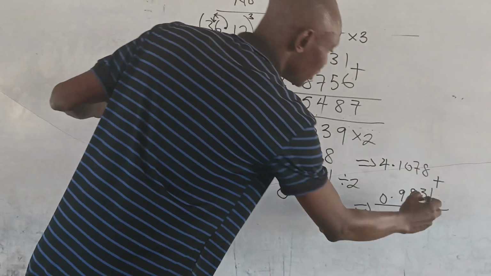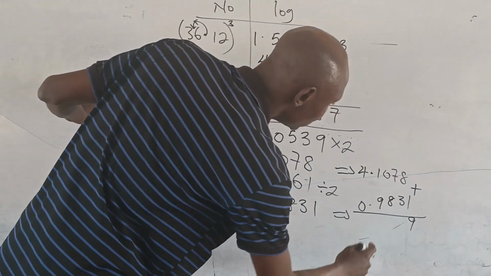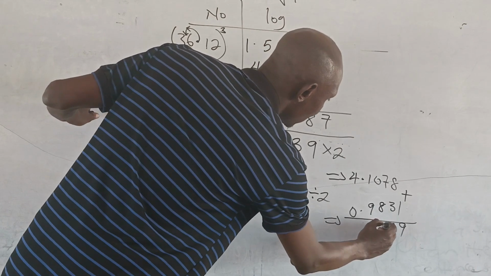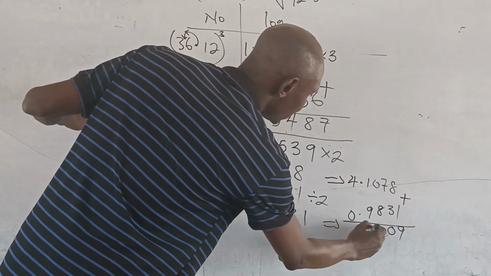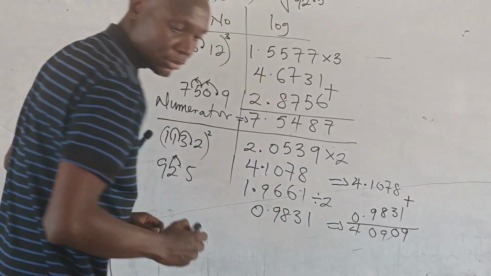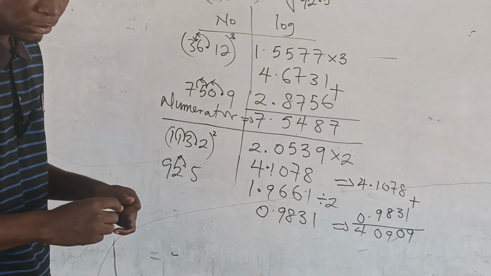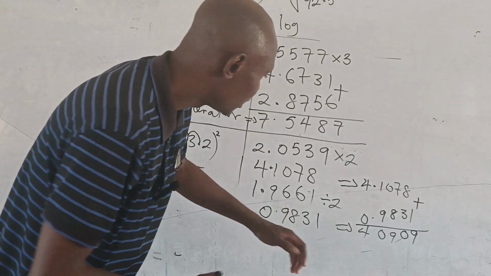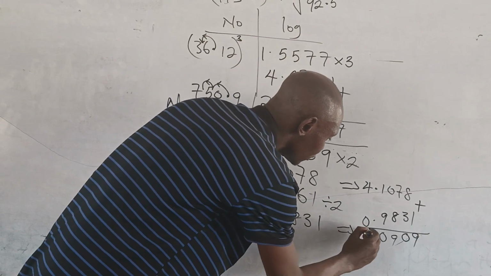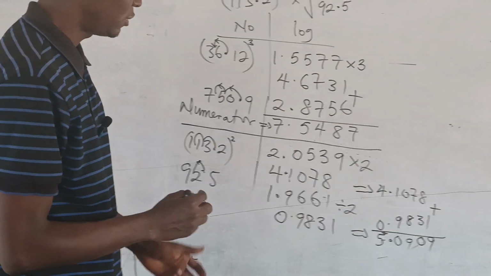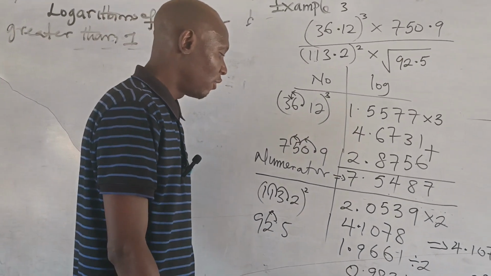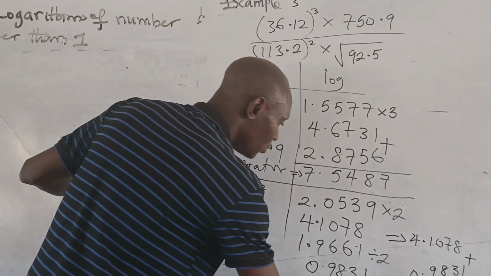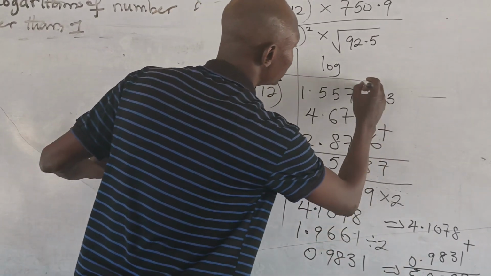So this will give us 9, this will give us 10, this will give us 9, this will give us 10, and this will give us 4. This will give us 5, this will give us 5.5. So from here, that is the denominator.